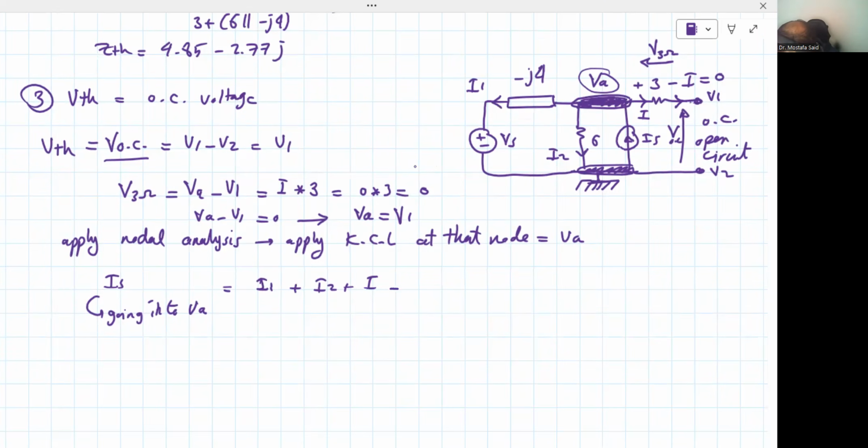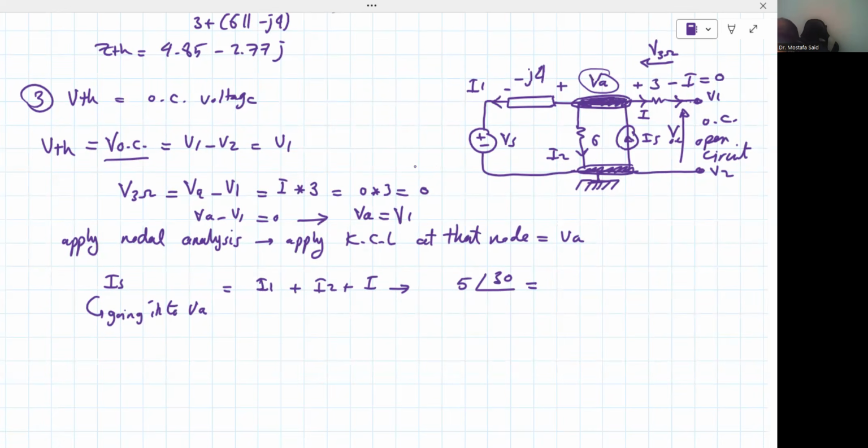So what is IS? It's 5 angle 30, equal to I1. I1 is a little bit tricky, so we're going to find it. I1 is going through the reactance minus jX4, going in that way. That's the positive, I'm sorry, that's the negative, because current always flows from the positive terminal to the negative terminal.